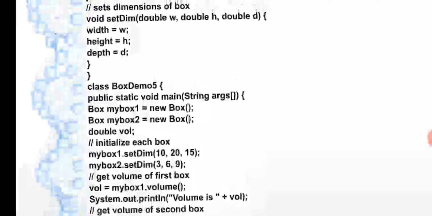Okay, in the same way you use the second object, mybox2. Again you call the setdim method, and in this case you pass 3, 6 and 9. Now the same 3, 6 and 9 will go and sit in w, h and d. Now you may get one doubt here. Sir, you said previously that in w, h and d you are passing 10, 20 and 15.